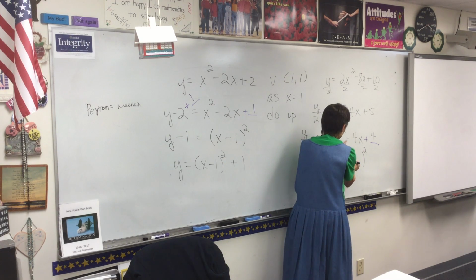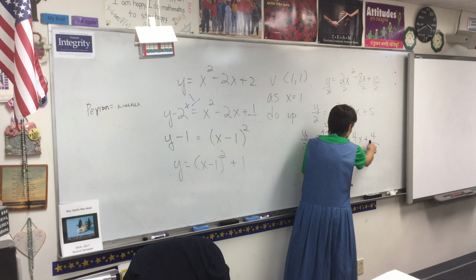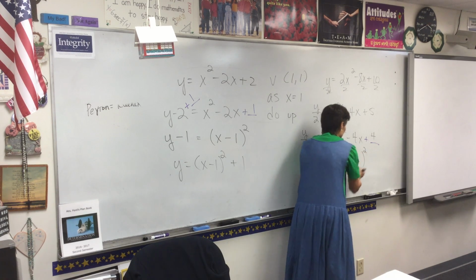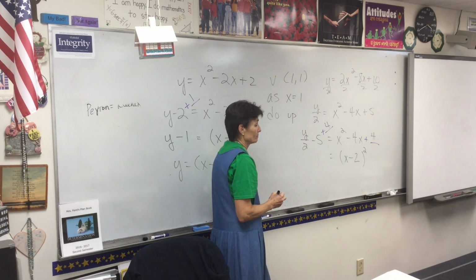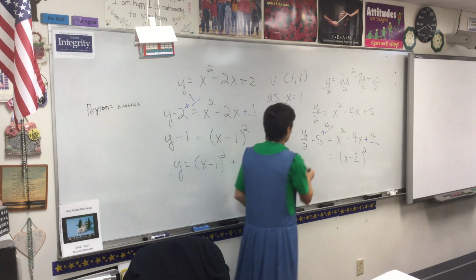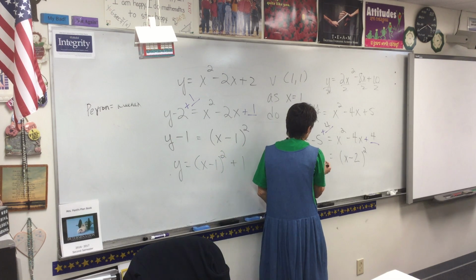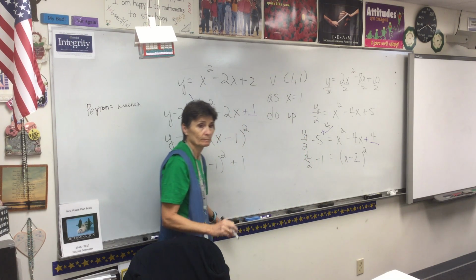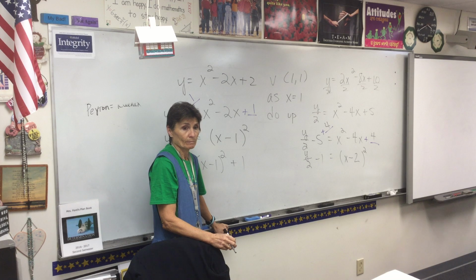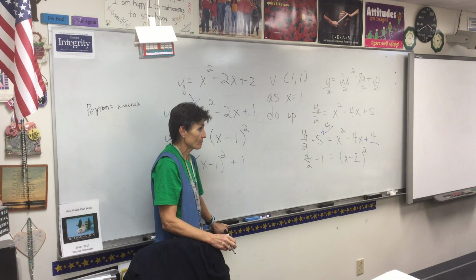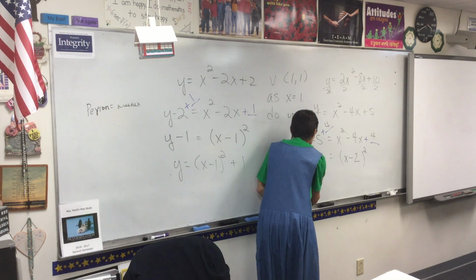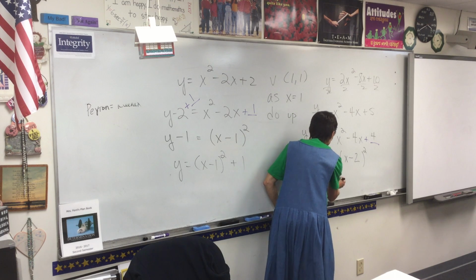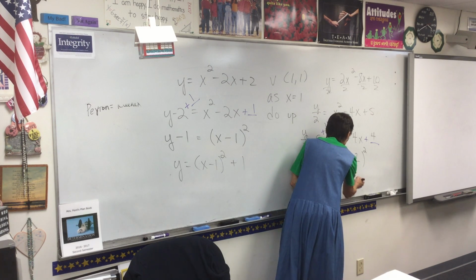Now, this will be a perfect square. It will be x minus what? 2. I gotta add that. So now what do you think we might do? Add over the 1, very good. We're gonna add over the 1, we gotta put it back.